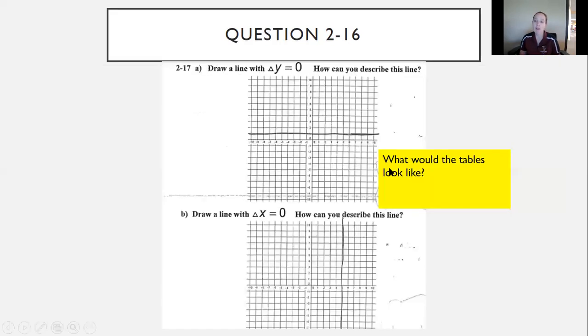All right, the last question, again, is a challenge question. I've drawn in those 2 lines for you. The first one represents a change in y of 0. The second one represents a change in x of 0. And I want you to think about the slope. So, challenge question for all of you.